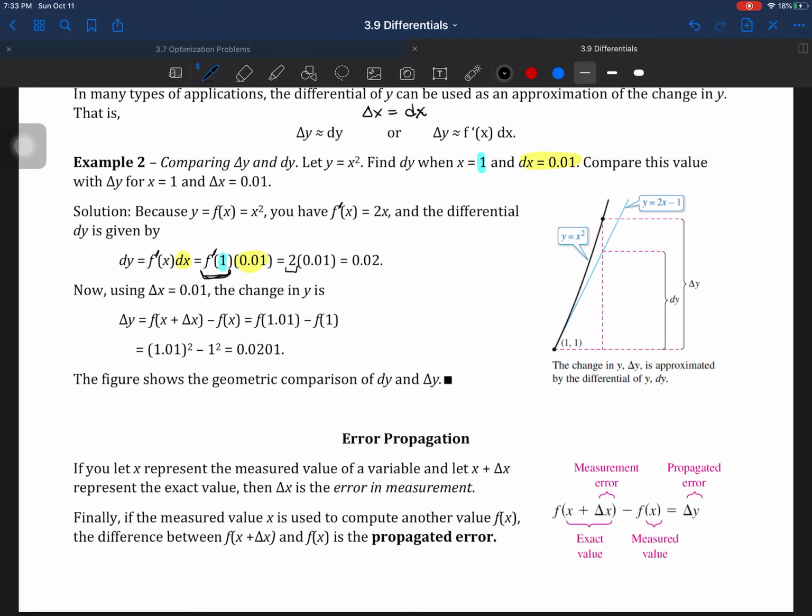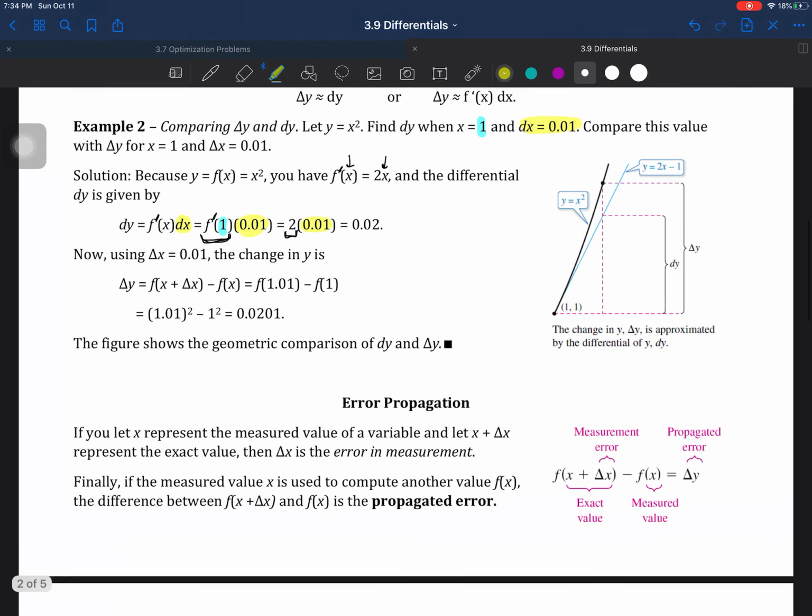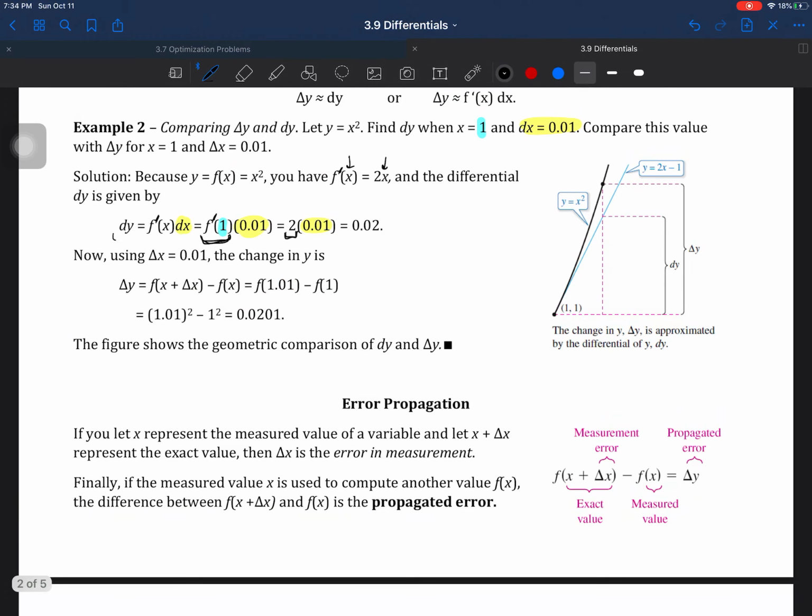So we plug in 1 here, plug in 1 there, and that gives us 2 times 1, and that's how we got the 2, followed by the 0.01, and that gives us 0.02. So pretty much all you have to do is compute this.